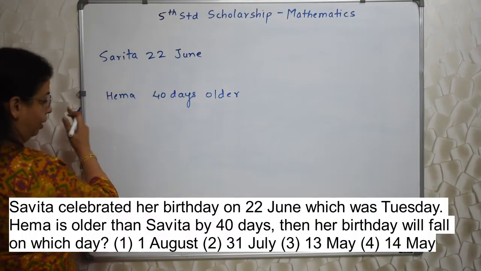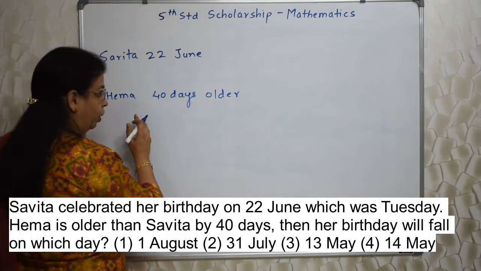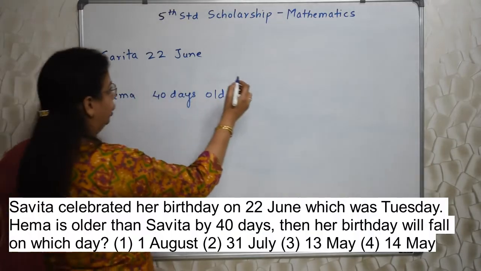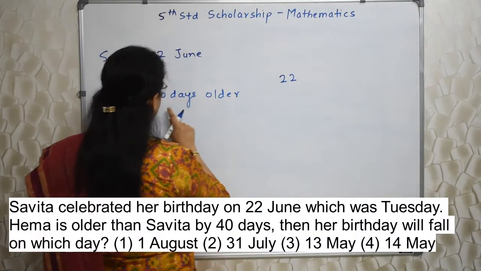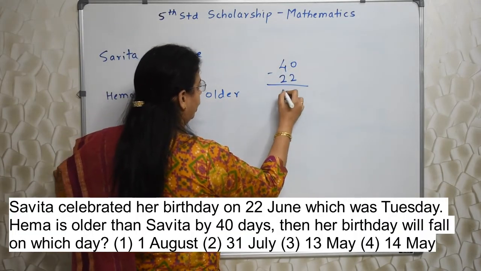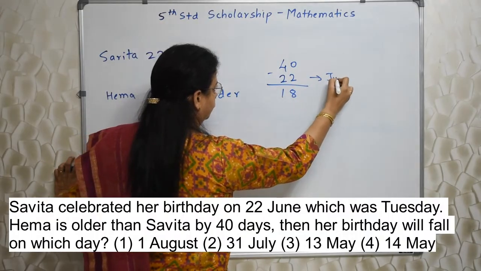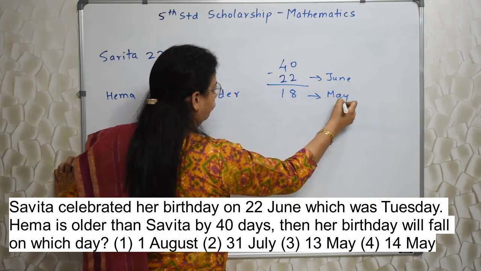We need to go back 22nd, 21, 20. Are we going to do that manually? No, we have to work smartly. So this 22 days of June we are taking, and how many days older? 40. So 40 minus 22, 18. 22 days of June, and remaining 18 days we need to consider from May.